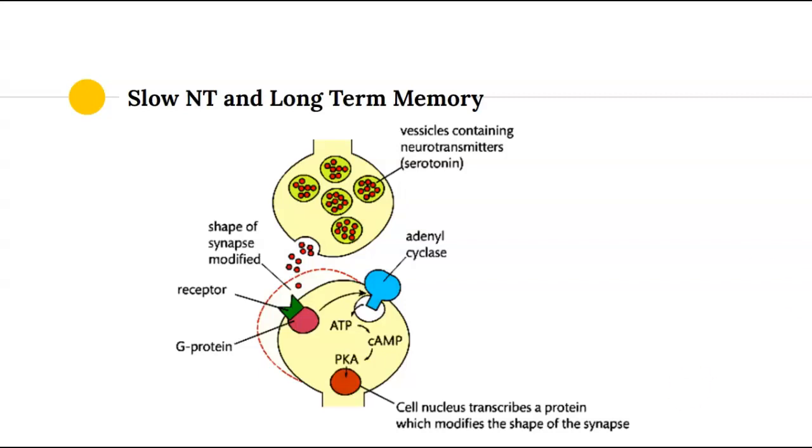So this is just showing you that as you continue to do something over and over again, or increase, in this case, the amount of serotonin that is causing some sort of reaction, you will eventually actually reshape your postsynaptic neuron or make additional connections. So in this case, you can see that the shape was modified.